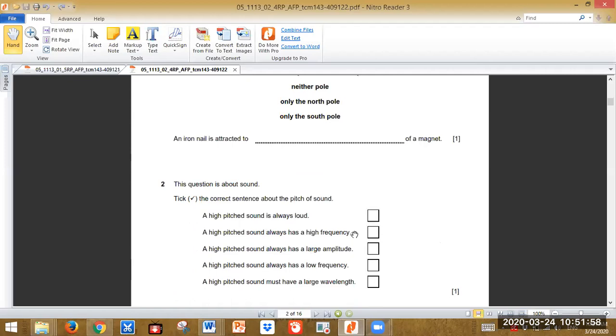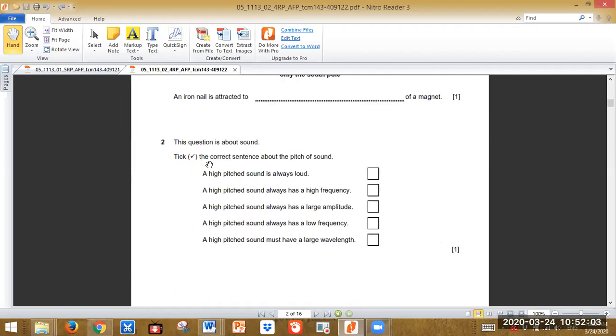Okay. Question 2. This question is about sound. Choose the correct sentence about the pitch of a sound. So you have to read all the sentences and then you will put a tick. Okay. So the first one, a high pitched sound is always loud. A high pitched sound always has a high frequency.